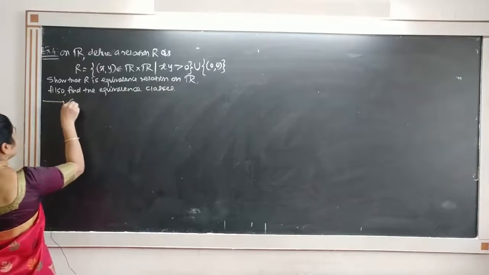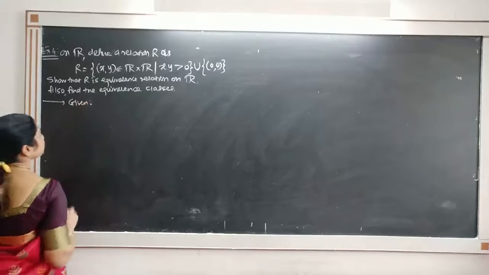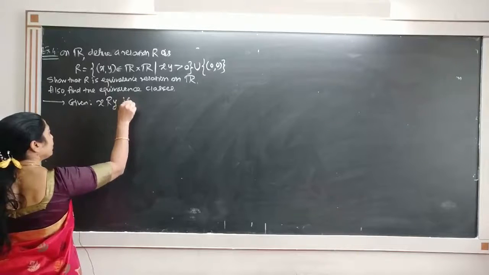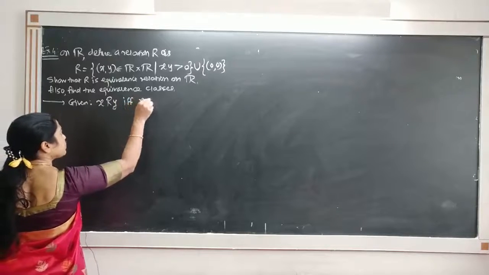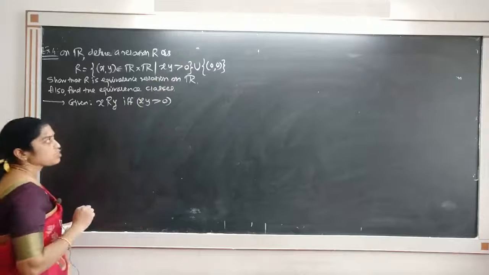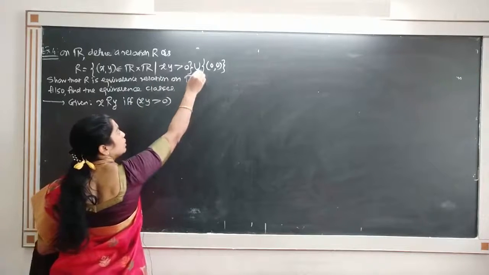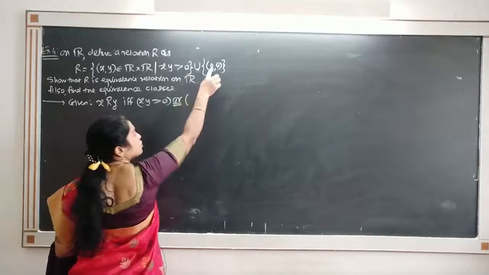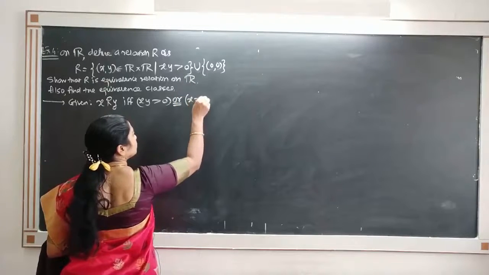So see what is given. It is given that x is related with y if and only if either xy is greater than 0, the first condition, union means or, x is 0 and y is 0.